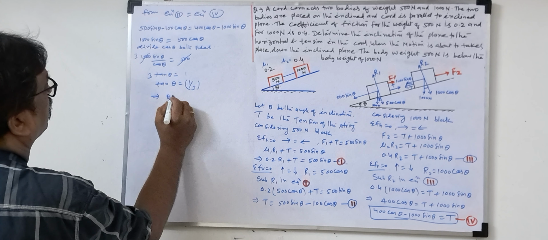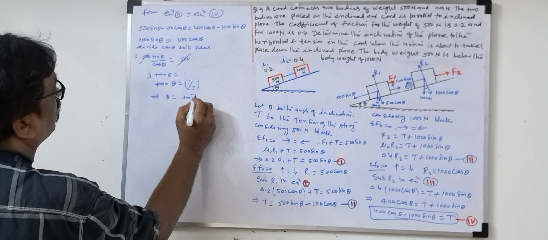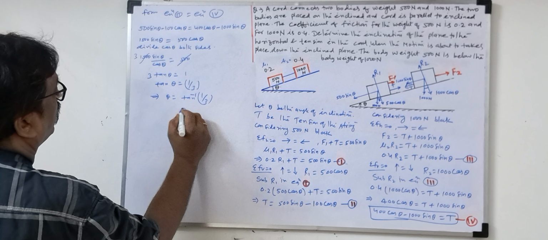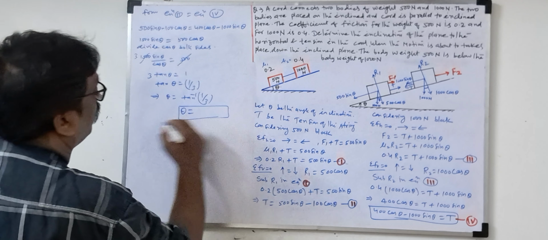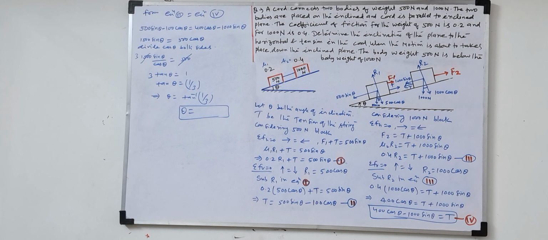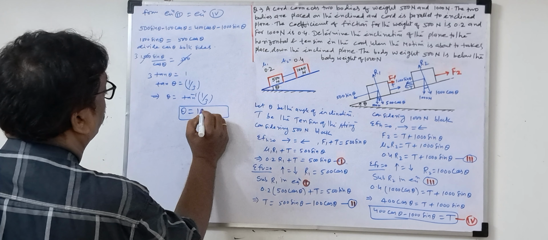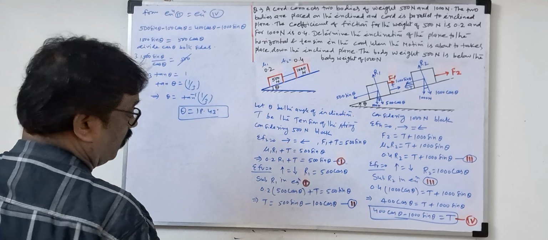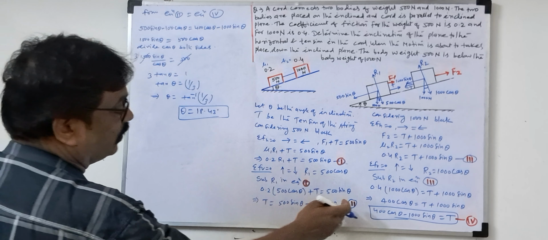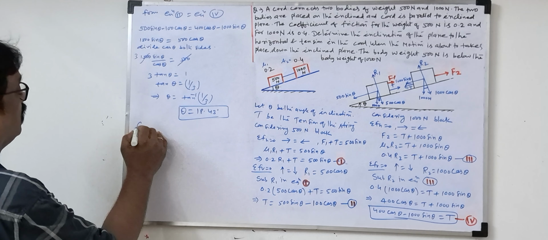That implies theta is equal to tan inverse of 1 by 3, which gives theta equal to 18.43 degrees.